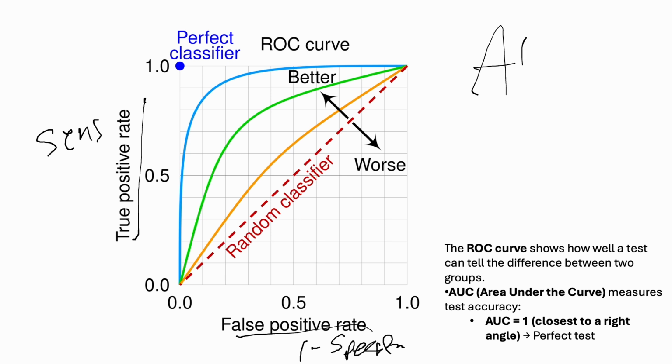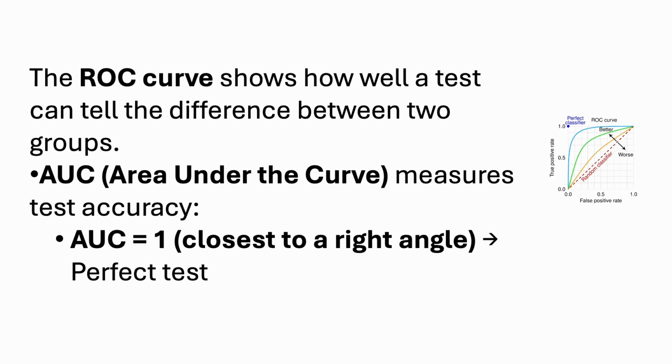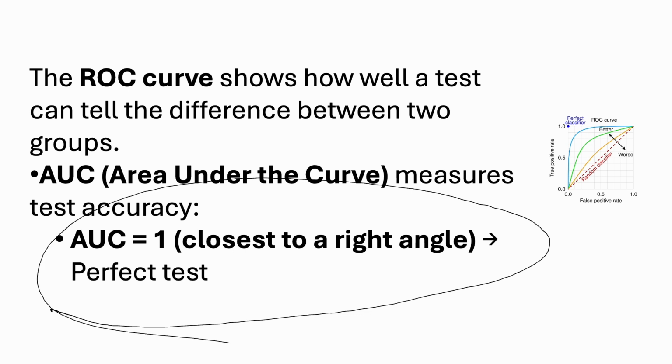And you're looking for the AUC, not AOC like the politician, but AUC, area under the curve. The closer to 1 you get, or closer to a right angle, the better. So the more area under the curve, the better. So again, you want the closest thing to a right angle that you can get. So a curve that looks like this is better than a curve that looks like this.